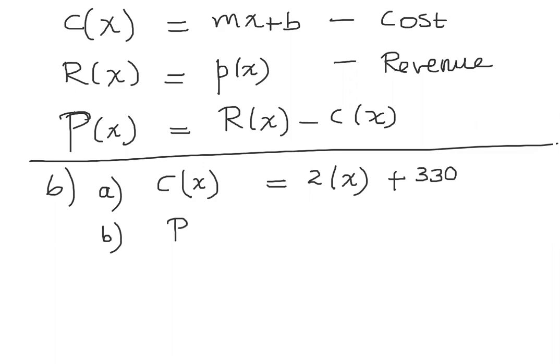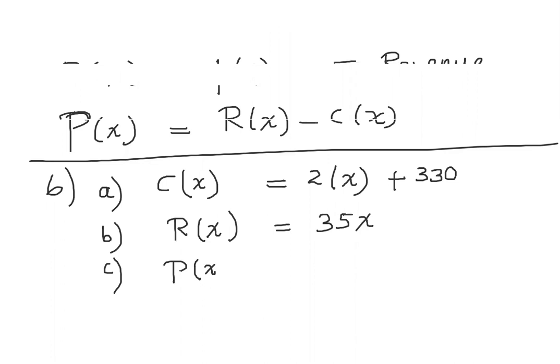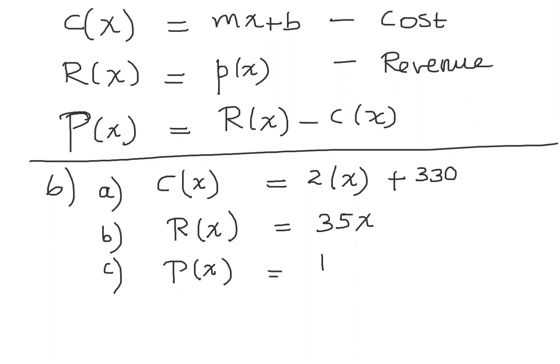And the next one is we have to write the revenue function, which is the price for each item times the number of items sold, x. So the price is $35 for each item. So it's 35 times x. And the next one is the profit function, which is going to be R of x minus C of x.